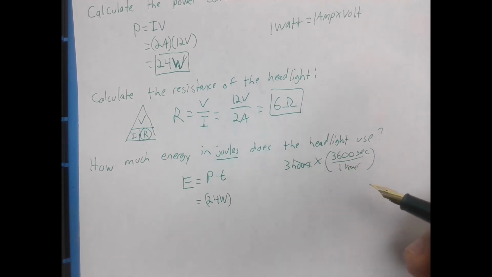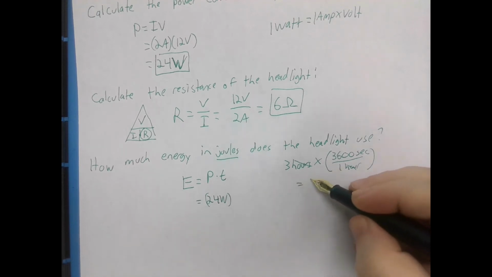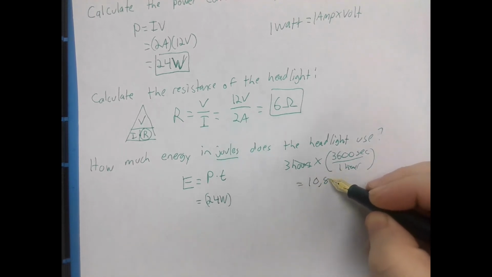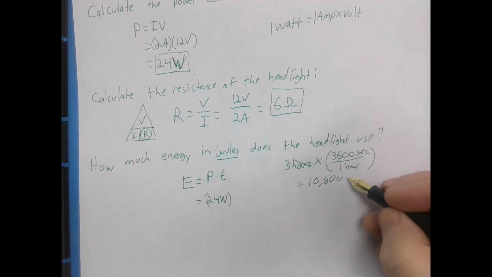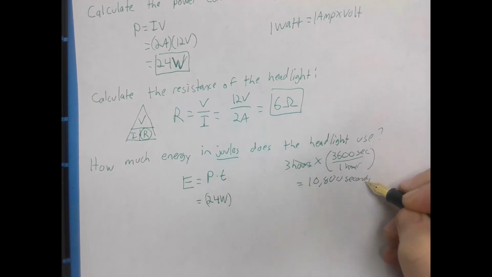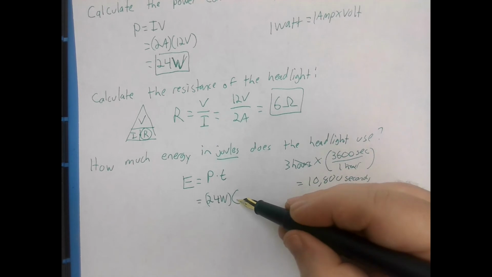Hours cancel out. Which is equal to 10,800 seconds. So we plug it in for time.